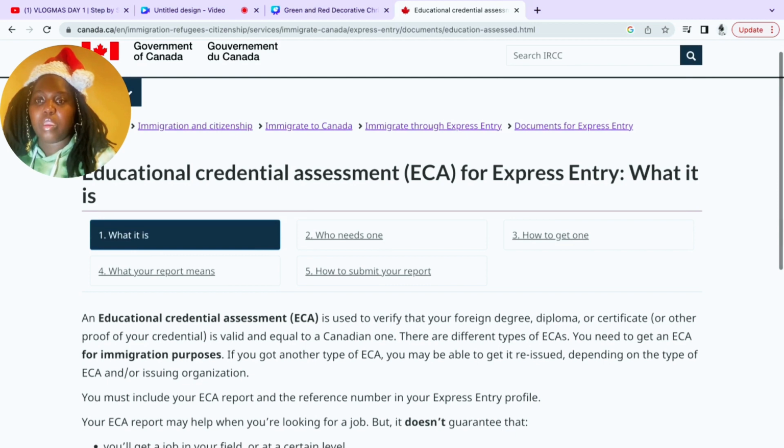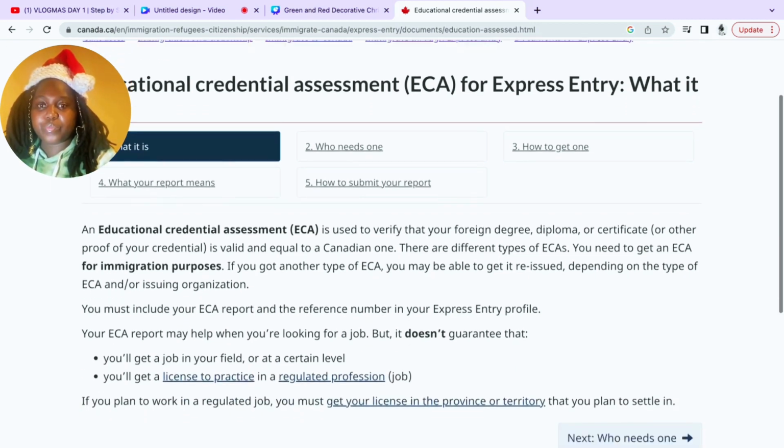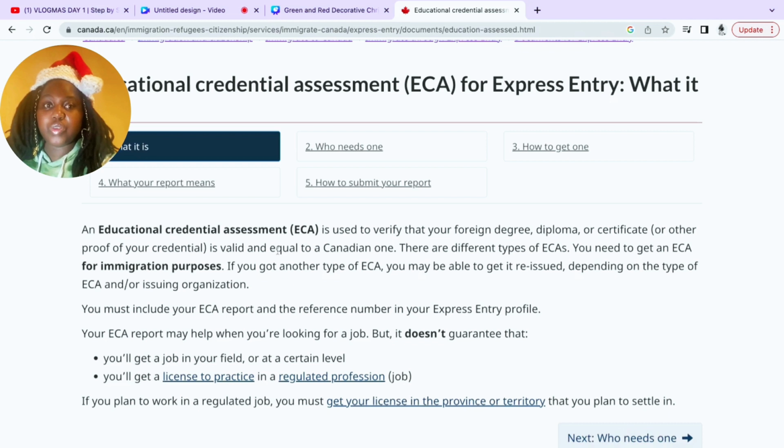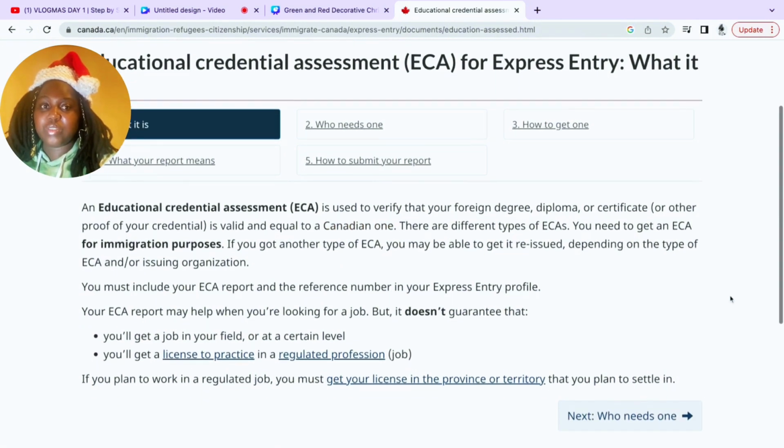So for ECA, you need to do that to verify that your foreign degree or diploma is valid and equal to a Canadian one. If you did your education in Canada, you don't need to do this.